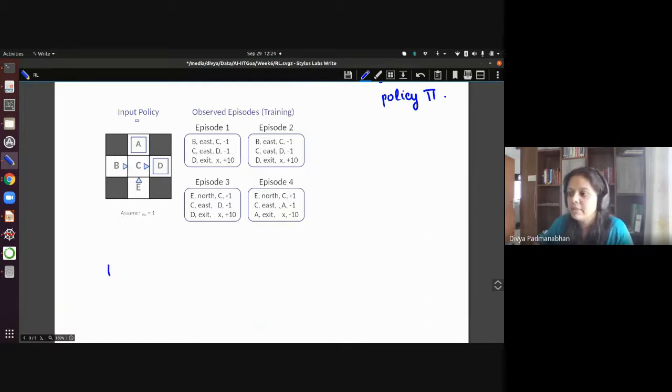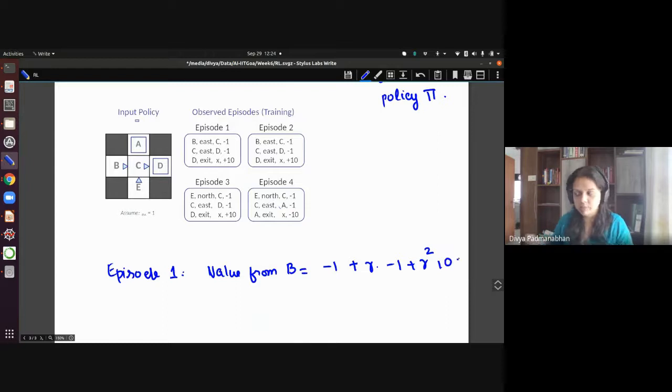So in episode 1, the value from B, looking at just this one sample, was -1 plus gamma times -1 plus gamma square times 10.